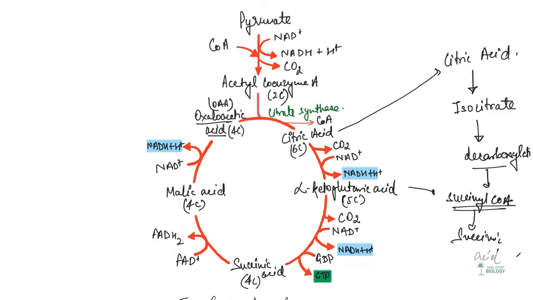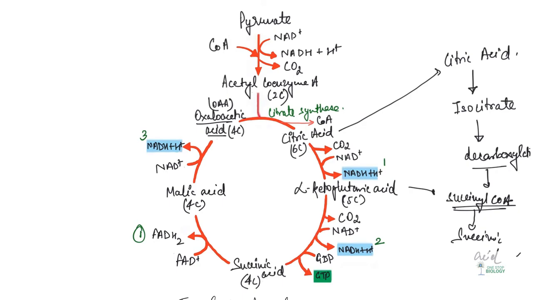So guys, if you see here, there are 3 points, 1, 2 and 3. So there are 3 points in the cycle where NAD plus is reduced to NADH plus H plus. There is one point where FAD plus is reduced to FADH2, right?